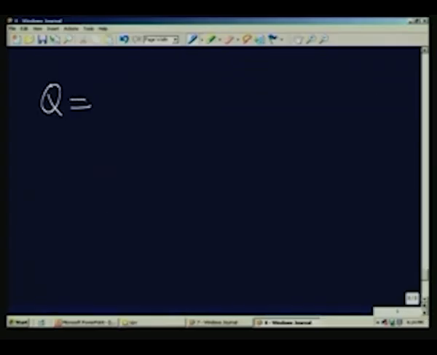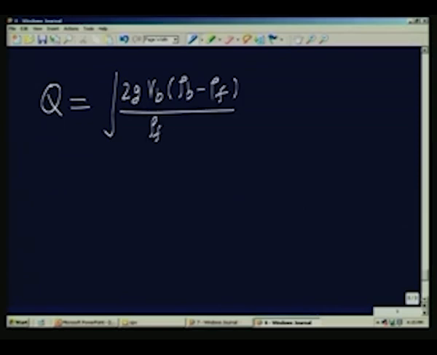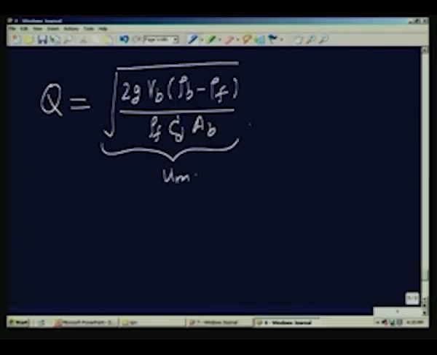is given by, already I had an expression, square root of 2 g V b into rho b minus rho f divided by rho f into C D A B. This is your velocity factor, multiplied by the pi by 4 into 2 a d y. Of course, this will cancel off with this 2, it will become 2.